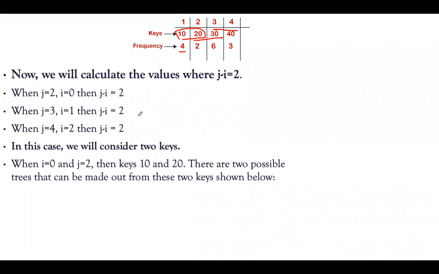Is it clear? When j minus i is equal to 2, two keys will be taken together and we'll compute the cost. What cost should be stored at the locations 0, 2, 1, 3, and 2, 4? First, we'll consider 10, 20, and then 20, 30, and then 30, 40 in our computation. And then we'll see what will be the cost.